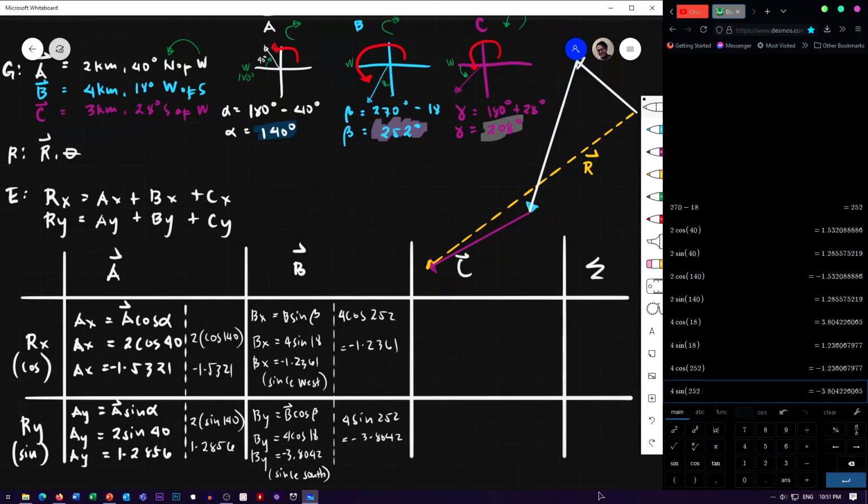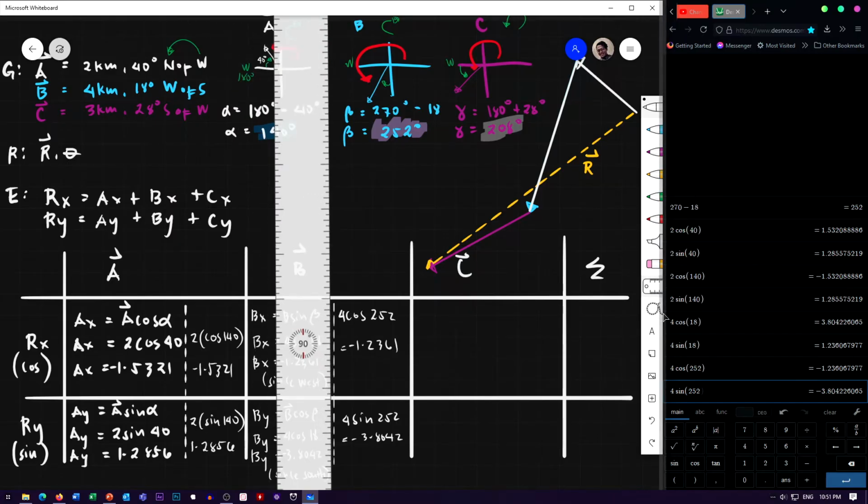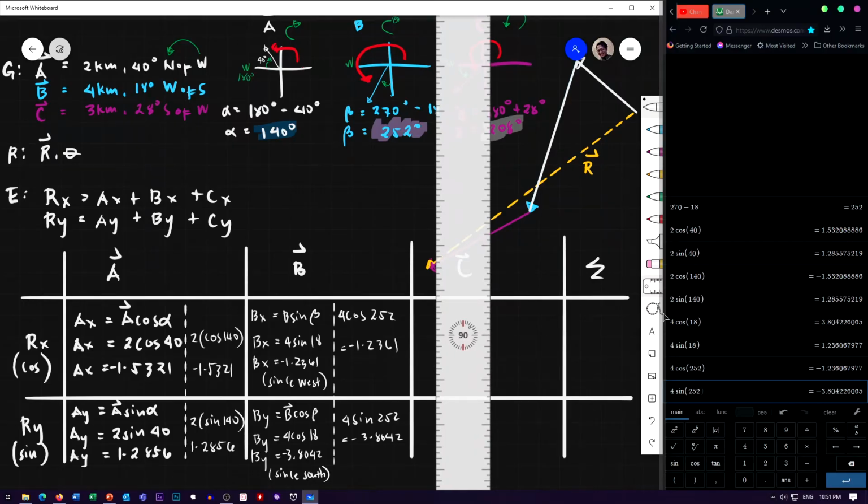For vector C, our triangle looks like this. Here's the angle, so the correlation is still correct. This is the opposite side, and this is the adjacent side, which is the correct orientation because the angle is originating from the x-axis. But we're going to do both methods, so it doesn't matter as much.